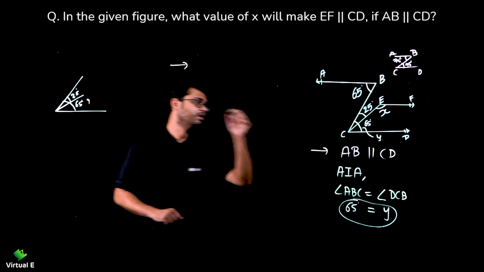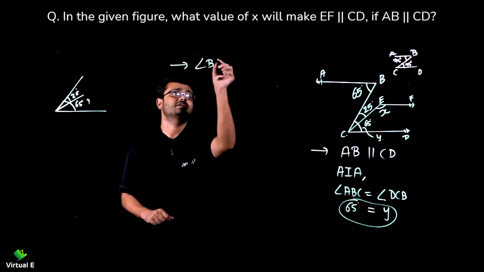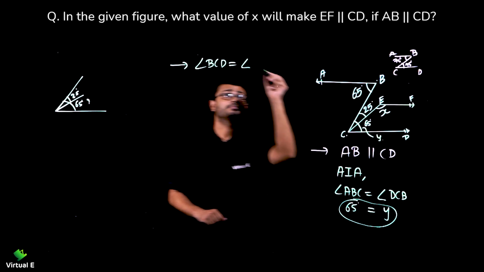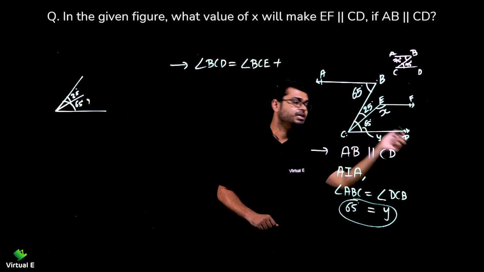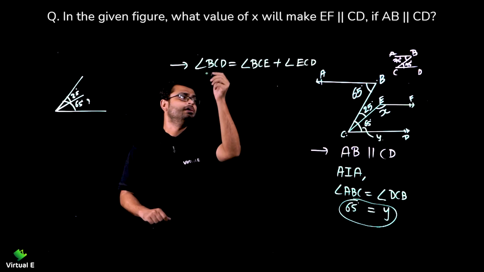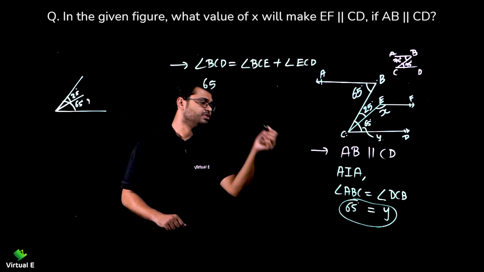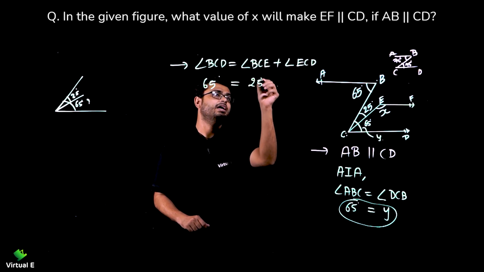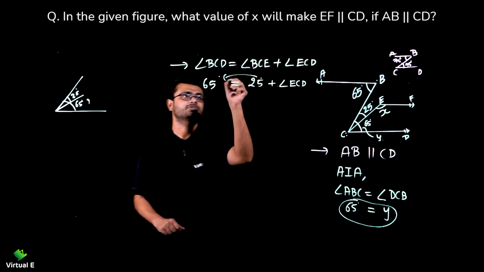Here we can write that angle BCD is divided into two parts, BCE plus ECD. So BCD complete is 65, we just got the angle. Here BCE is 25, and we want to find the angle ECD. Let's shift over that side.